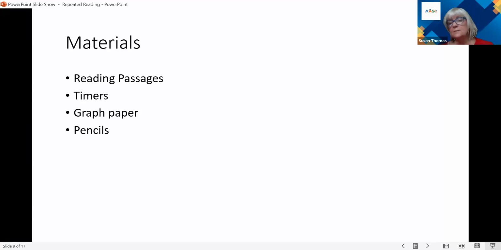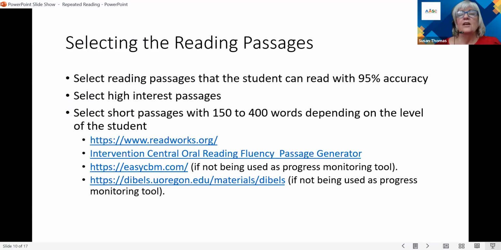So you're going to need some materials. You'll need reading passages. You'll want some timers. You'll want graph paper, and you'll want pencils. You're going to want to select your reading passages. I'm going to give you some places you can get them, but you can also select them from all kinds of places.